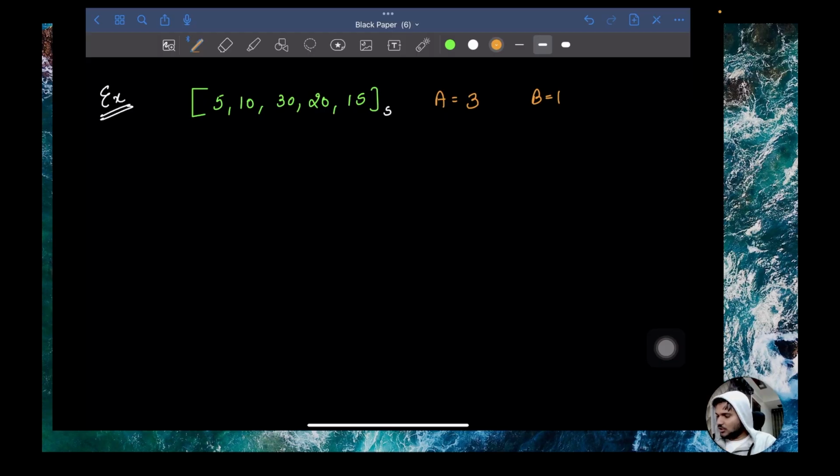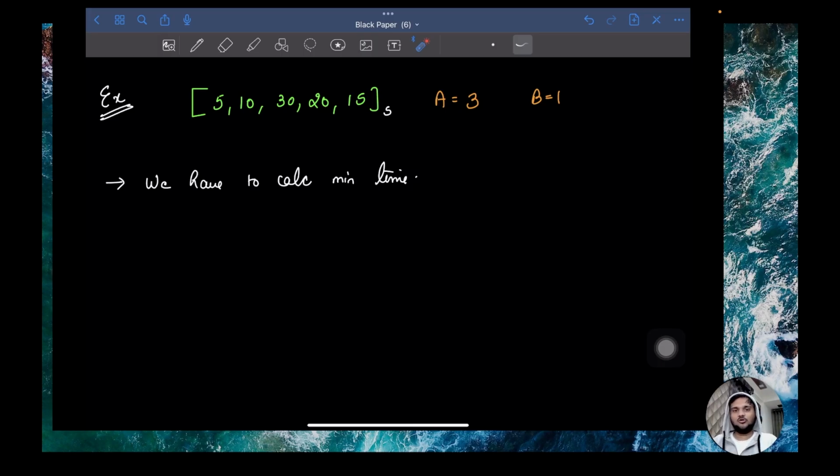Now, how can we solve this particular question? So I have a basic test case in front of us. A few things that you have to keep in your mind is that we have to calculate minimum time. Generally, when I approach a problem, I see what kind of situation we have.